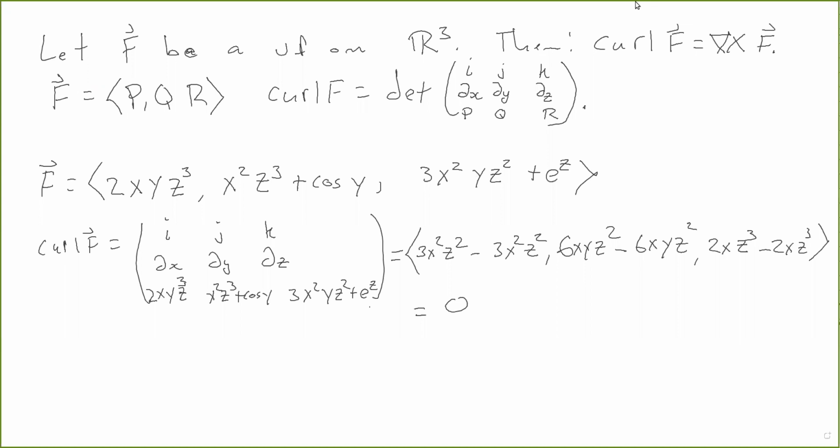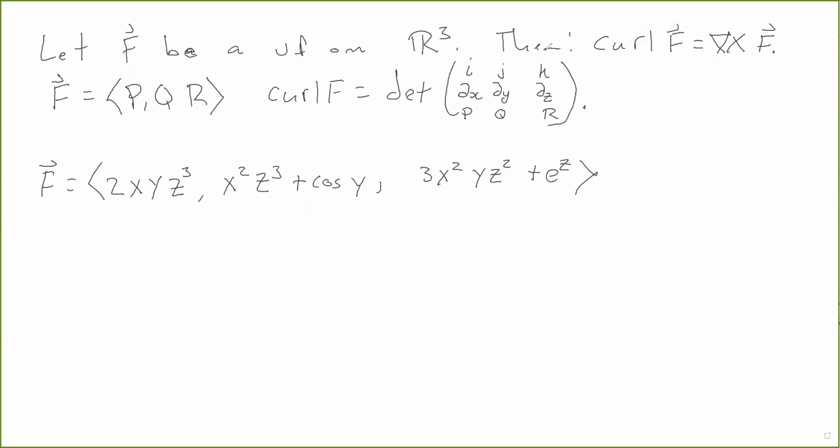And so now we want to find a potential. In other words, a function such that big F is equal to the gradient of that function. Okay, so we want a function little f such that big F is equal to the gradient of little f. So we know that this component is f sub x, this component is f sub y, this component is f sub z. So this is going to be similar to how we found a potential before.